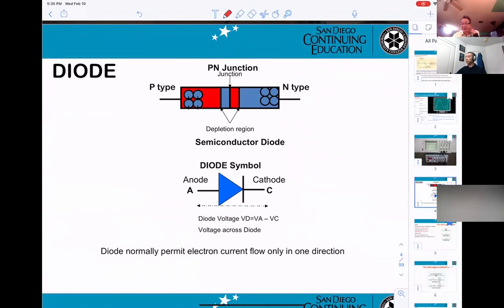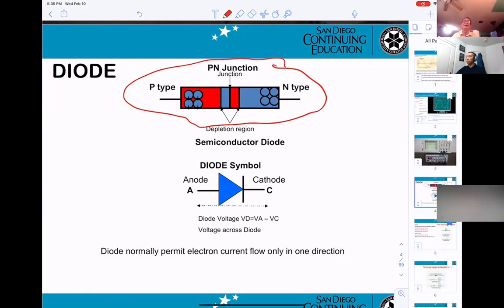Okay, this is giving you the basic physical on the diode. That means they can use silicon or germanium to make the diode. Basically, one side contains negative and the other side contains positive.